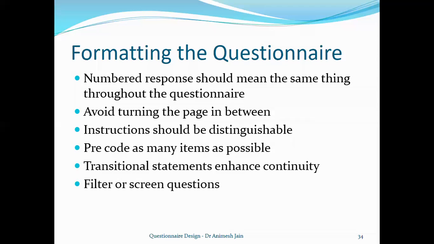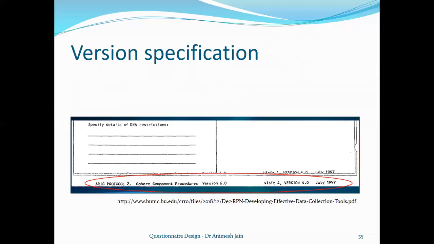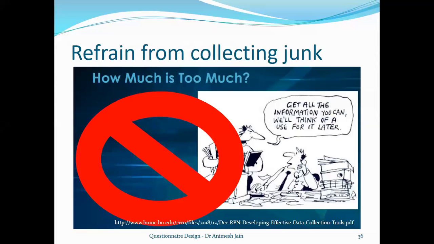There could be filter and screen questions as well. Another thing is you can also have the version specified with the date. Of course, you will be doing it for your ethics committee approvals or grant proposals, but it's also a good idea to put that on the first page as well as on the header or footer of each page. Try refraining, as I've been saying, from taking too much data.